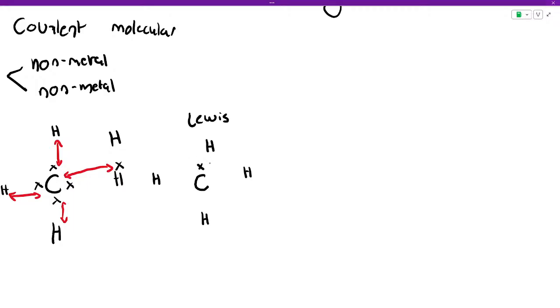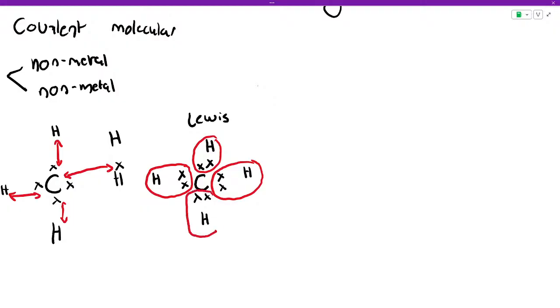So here and here, then here and here, here and here, here and here. Now hydrogen shares only one electron with carbon, and carbon shares one with hydrogen. So this is what your Lewis diagram should look like.